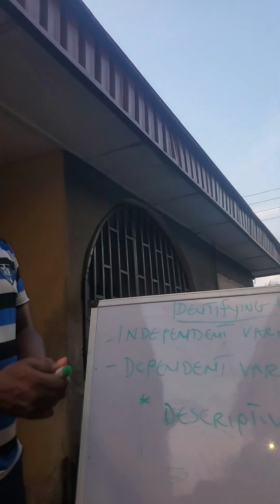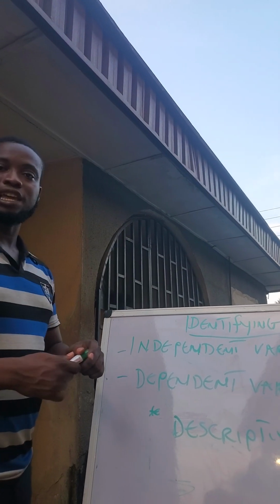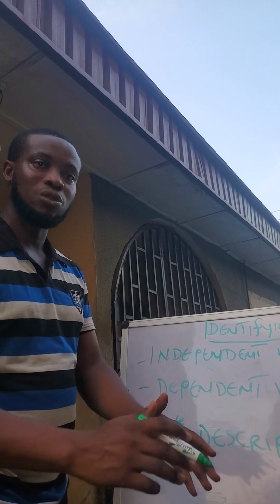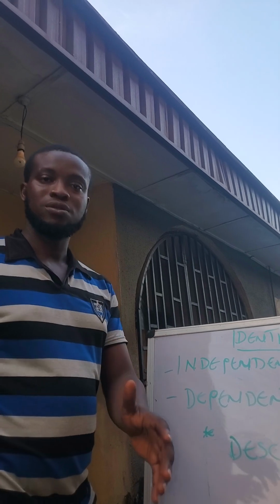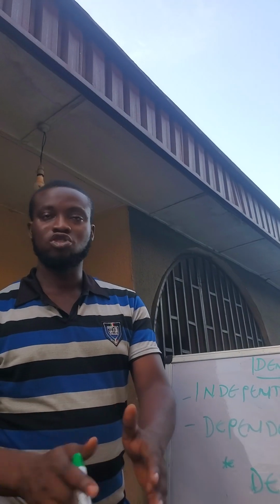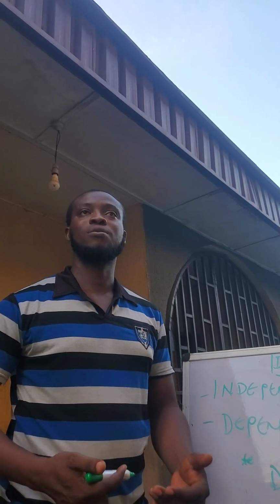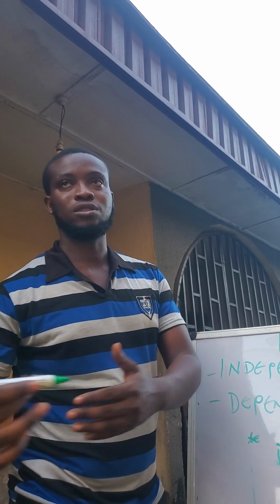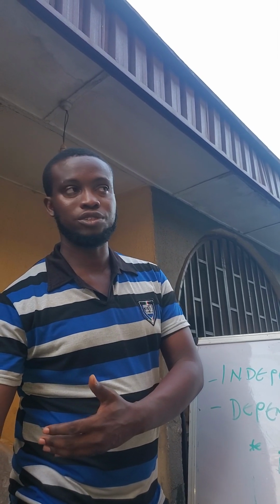Take an experimental study, where you want to look at the effect of teaching method on achievement score, as I said earlier. It is experimental work where you have a control group and an experimental group. You want to see how blended learning or use of mobile learning can influence achievement in biology.